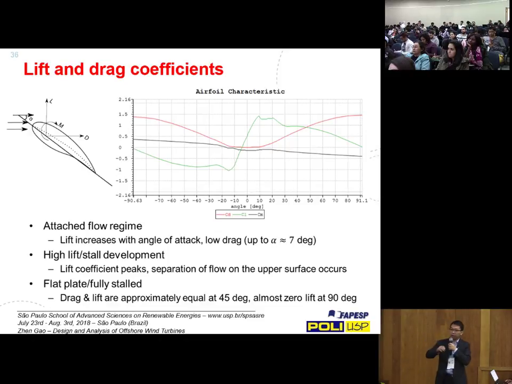If you have a relatively small angle of attack, you will have relatively large lift, increasing with the angle of attack, but at a certain point you have stall, and then the lift drops, and you have relatively large drag force. So basically, the wind turbine operates in this region. You utilize the large lift force and the small drag force. Here is also showing some of the features of the lift and drag force coefficients.